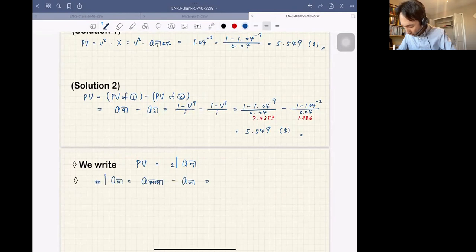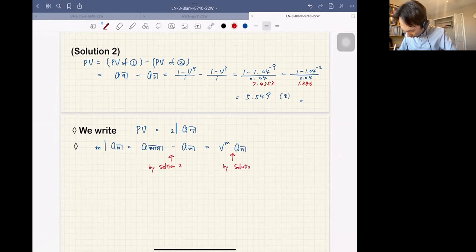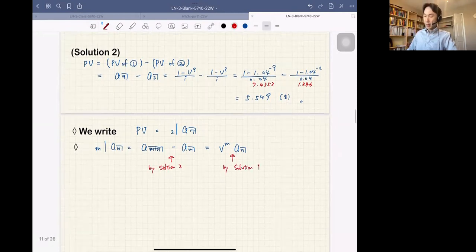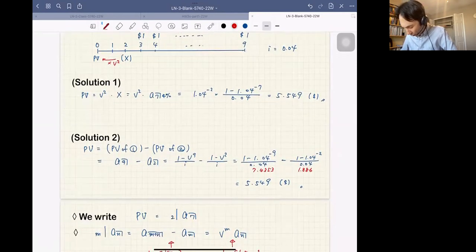Or we can also say v to the power m times a-angle n. So this is basically solution 2, and this is solution 1. So the n-year annuity, but m years deferred.